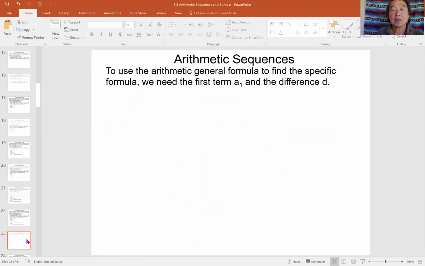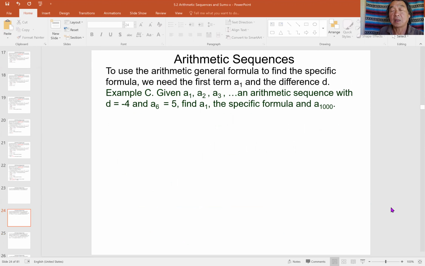And then, from here on, we make the problem a little bit more complicated. That is, we begin to hide the information. In this particular example, I don't tell you what the first number is, but I will tell you what the sixth number down the line is, 5. Then I ask you, what does this sequence look like, what's the specific formula for this sequence?